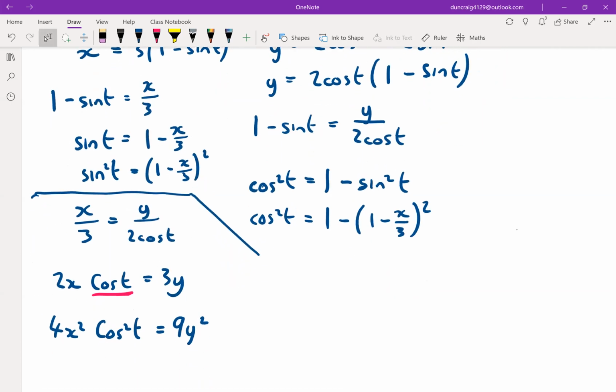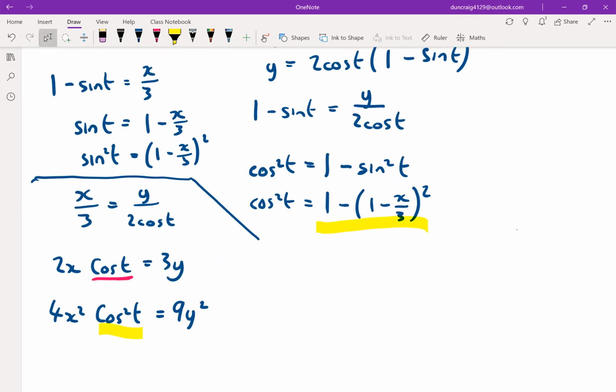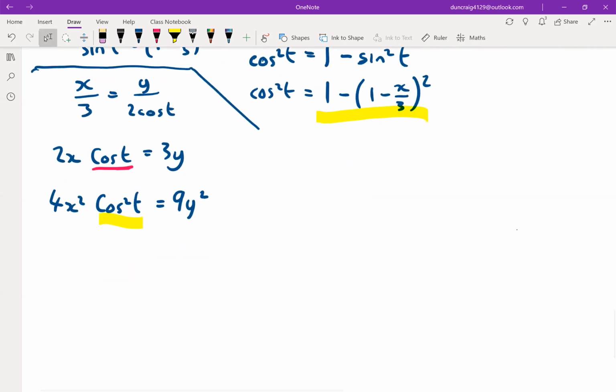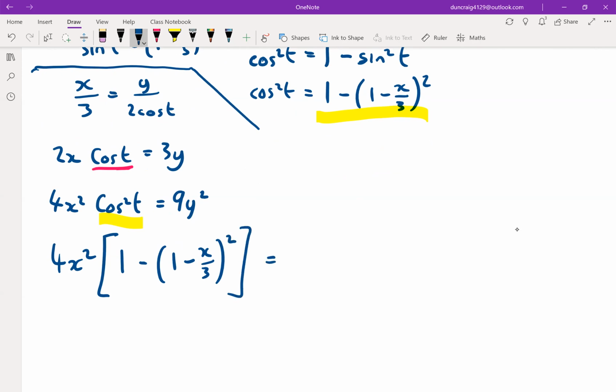So now what I'm going to do is take that and put it into there. Told you this would be a pretty fun question. So I've got 4x squared, and then I'm multiplying that by 1 take x over 3 all squared, and that's equal to 9y squared.